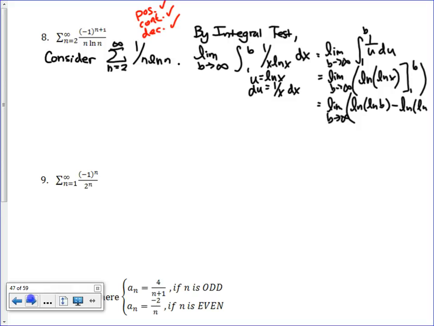That would be bad. 2. ln would not exist if it was 1. If it was ln of 1, that would be 0, and ln of 0 does not exist. That's why they're starting at 2 instead. But then as b goes to infinity, that goes to infinity. So therefore the integral diverges, and since the integral diverges, then my series diverges.